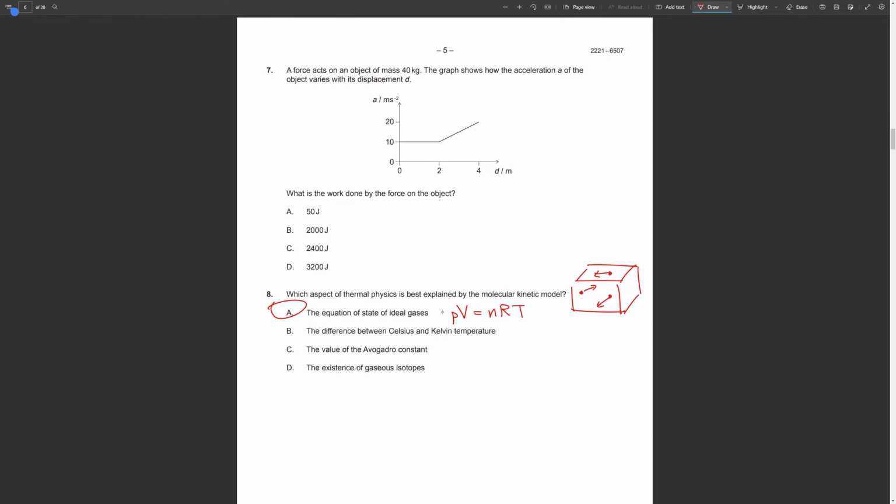In this equation, you will study the microscopic view of gas particle behavior, the pressure it exerts on the wall, the temperature of the gas, and so on and so forth. We choose A here. The B, C, D options are still true if you study them as a big solid, as a big liquid. It's not limited to gases.